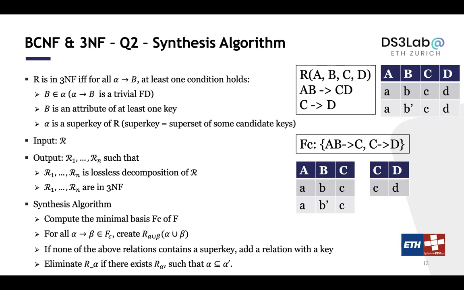Oh yeah, for example, after you create one relation for each functional dependency, it is possible that none of those relations contains a key for your original relation. In this case, you will create a new relation that only contains the attributes of a key. For example, if your key is AB, you will have a new relation with only A and B there.